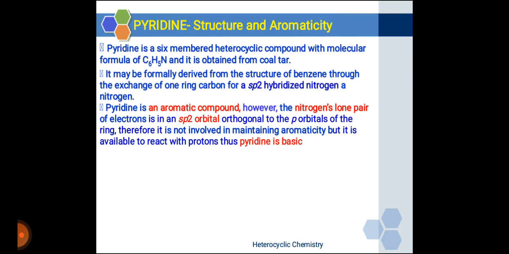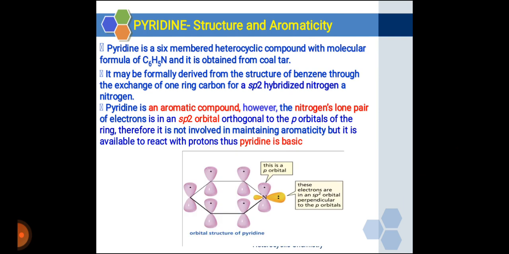The next, here is given the skeletal structure of pyridine. In this molecule, the nitrogen contains the p orbital, and the electrons are in the sp2 orbital perpendicular to the p orbitals. So here one more lone pair of electrons is involved. A lone pair of electrons means it is not involved in bonding.